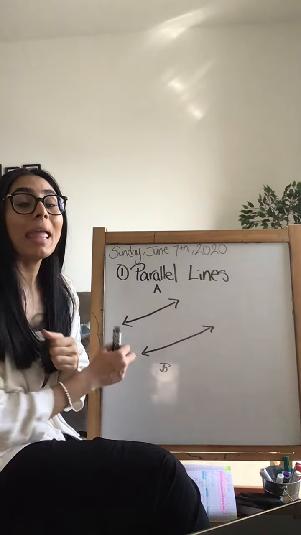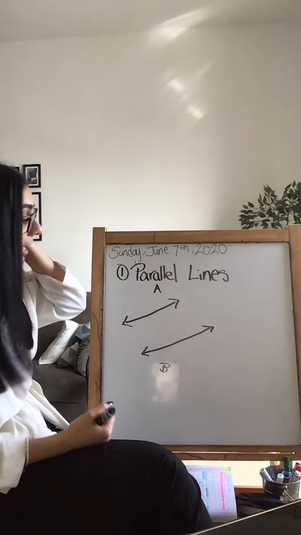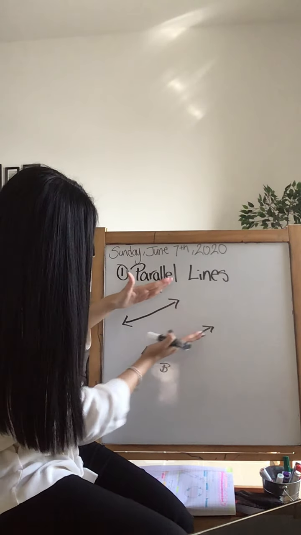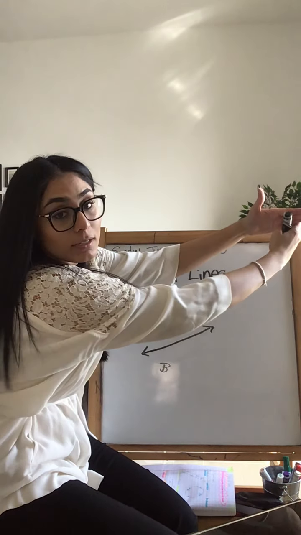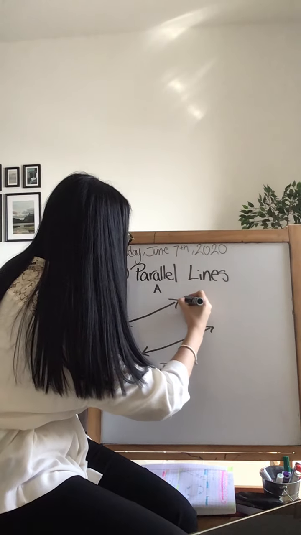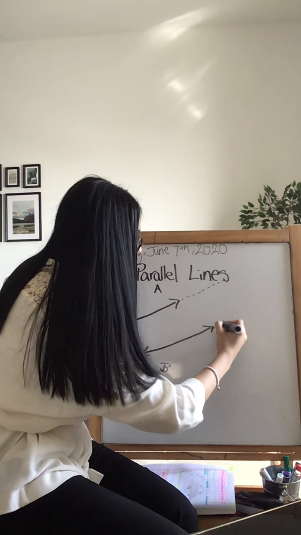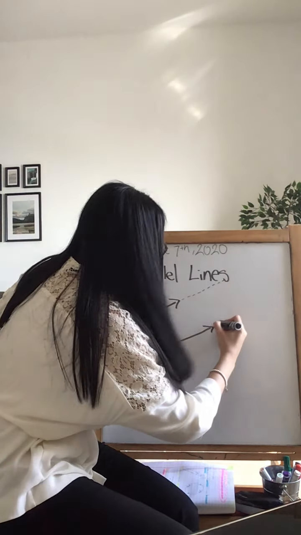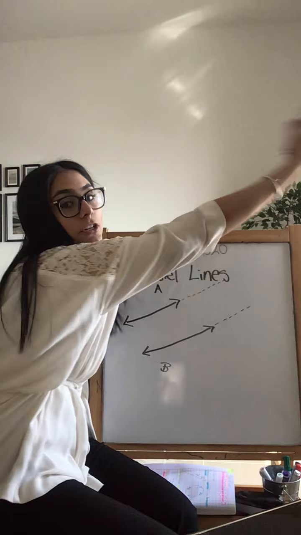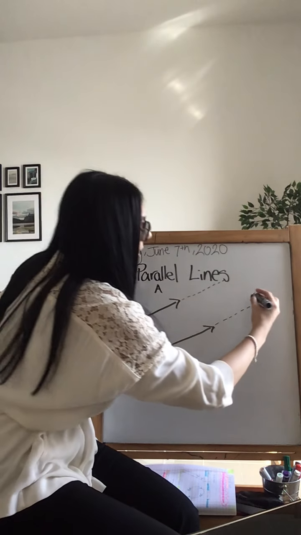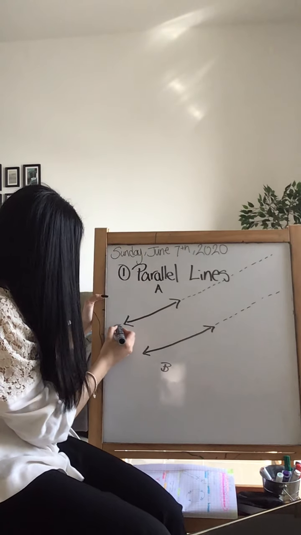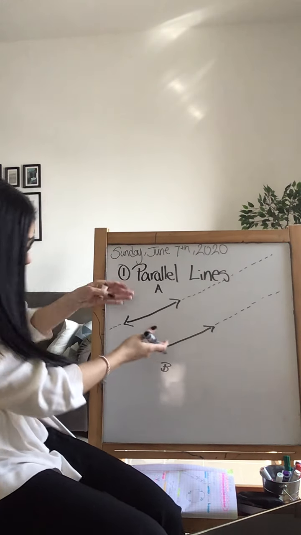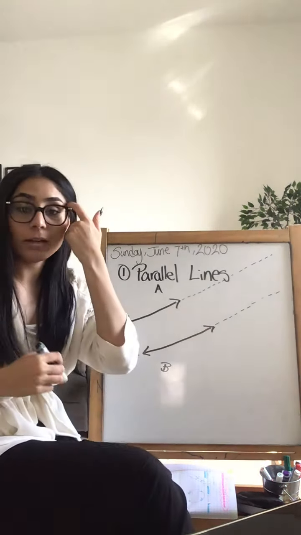Now, I will say these are parallel lines because, for example, this is my line. They're going this way. They're never going to come and cross, right? This is going to keep going, keep going, keep going. I mean, I don't have to draw, but if I had a large enough board here and kept drawing, this would keep going until infinity, right?